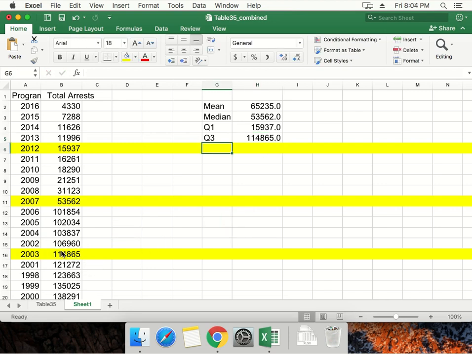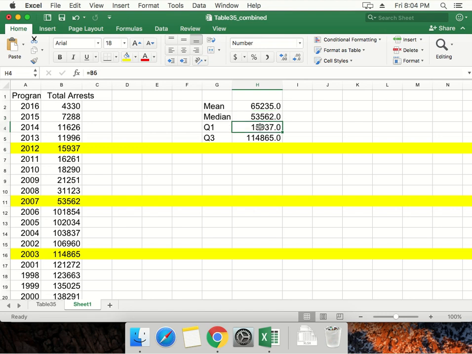Okay. So we're going to go one step further because I feel like we're on a roll, and we are going to look at the outside figures. So we now know, what does this mean? If we look at the median, 50% of our data points are lower than 53,562, and 50% of our data points are higher than that.